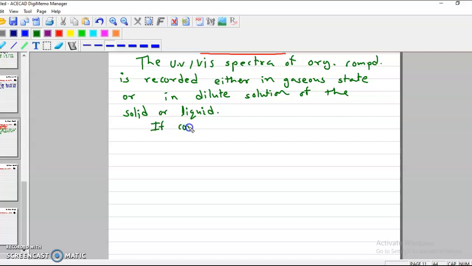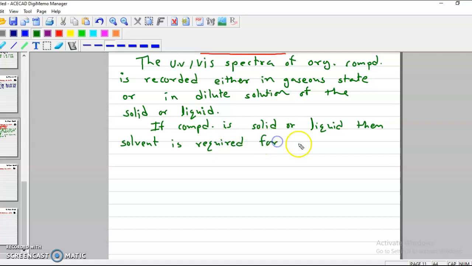If the compound is solid or liquid, then solvent is required for the preparation of solution.